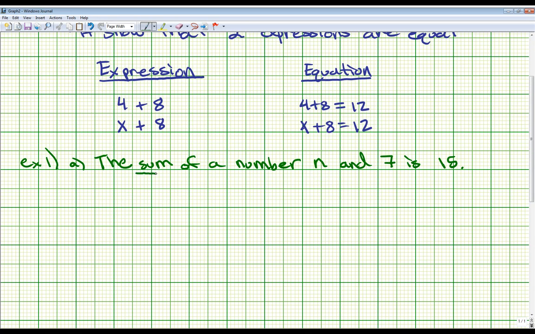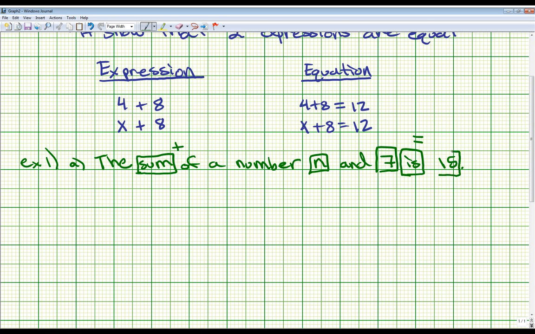So first of all, let's take a look at this special word right here. Remember that the word sum represents addition. So we're going to be doing some adding here. And then we have a variable here that we're going to be using. We also have a number here that we're going to be using. Is also an important word. When you see the word is, I want you to start thinking that that's going to be our equal sign.